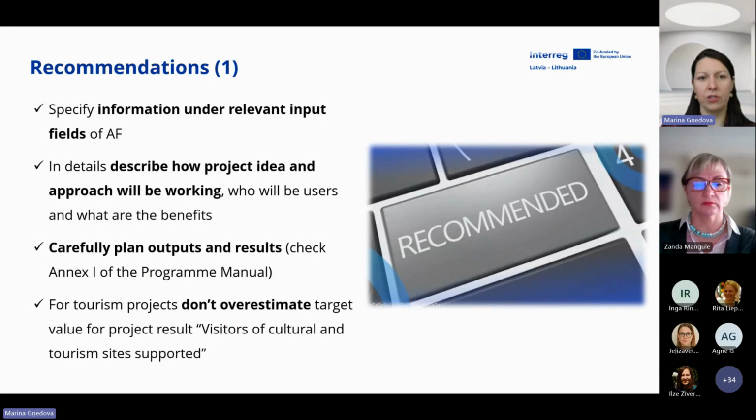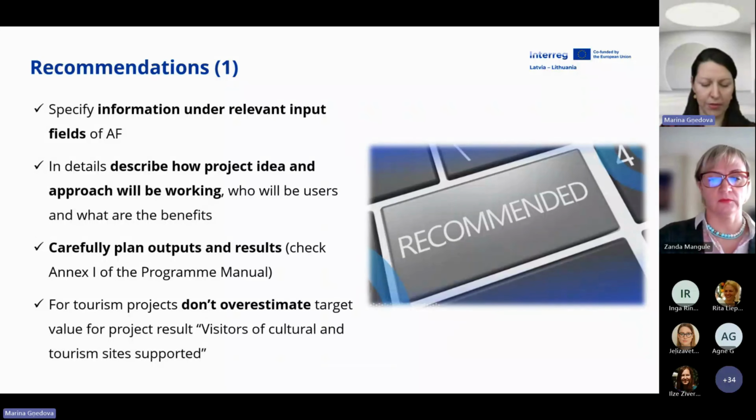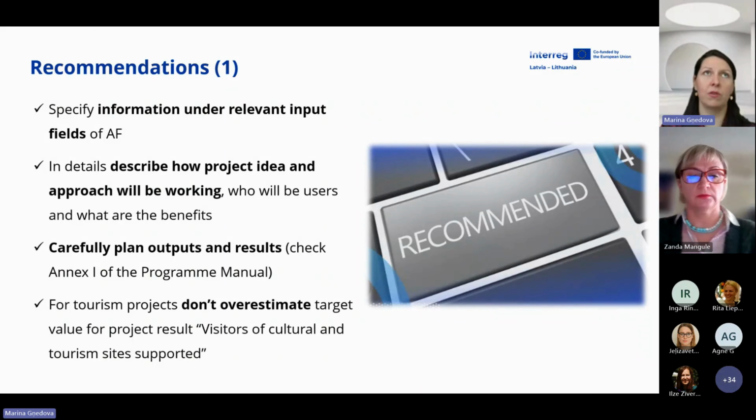This was really a major issue during assessment of projects from the first call. When we were reading the projects, some activities and deliverables were planned, but still some information was missing. And then you're reading over and over the application form for the 5th time, and then unexpectedly you find the information, I don't know, about some product or service, and the information is in the partnership input field.